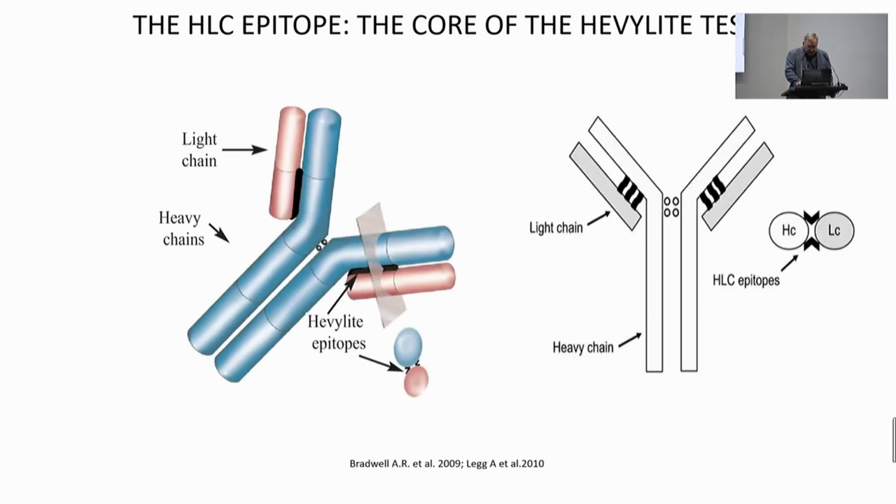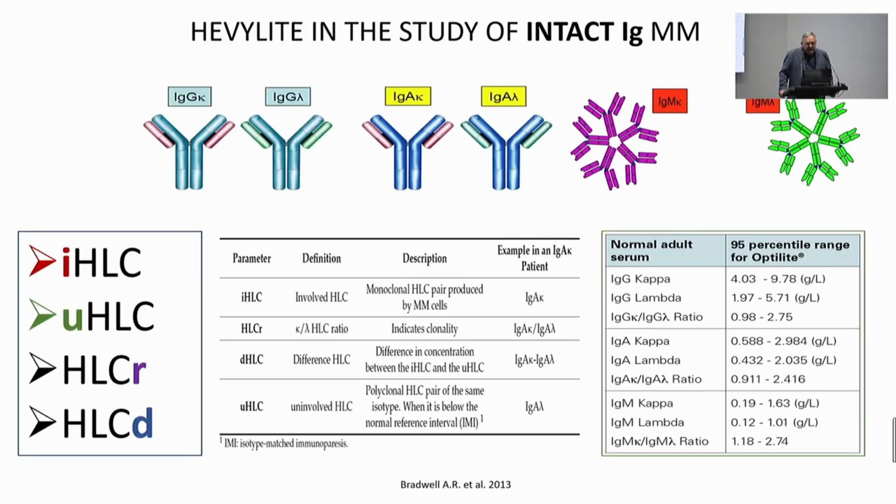We move to the Hevylite test. This test is based on the recognition of a special epitope in the junction of the heavy and light chain. This allows us to recognize the 6 pairs of immunoglobulins.